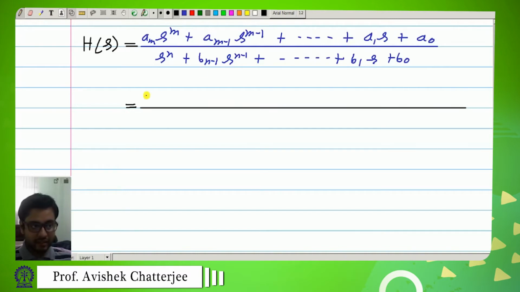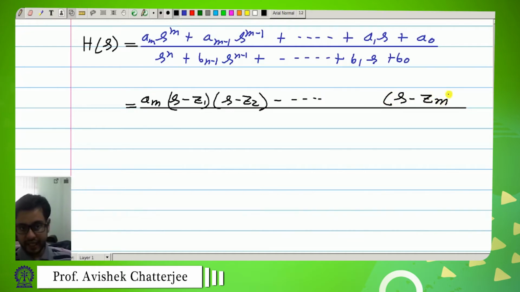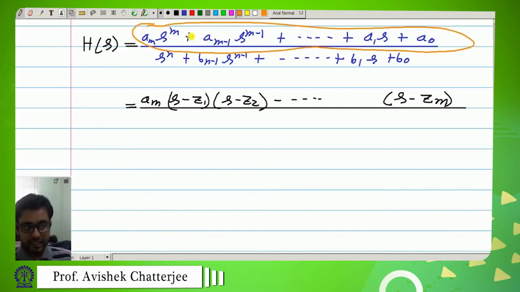The numerator I will write as Am, then s minus say z1, s minus z2 dot dot dot up to s minus zm, where z1, z2, zm are the roots or solutions of the equation that this numerator is equal to 0.